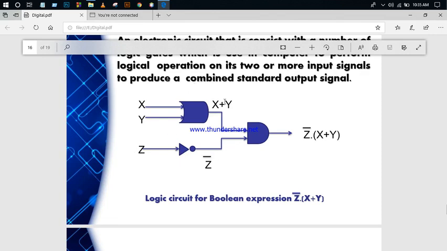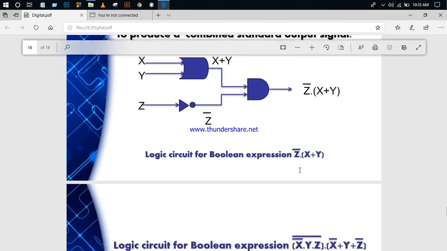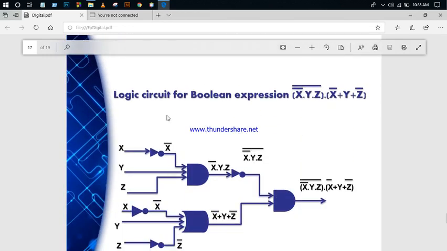X plus Y, OR Z bar, is then passed through an AND operator, that is, dot. This is the logical circuit Boolean expression. Here is the Boolean function.